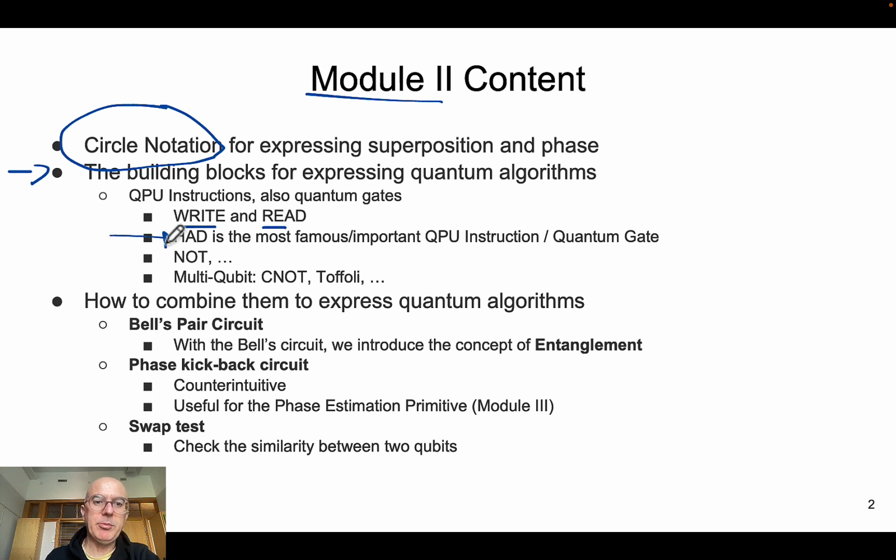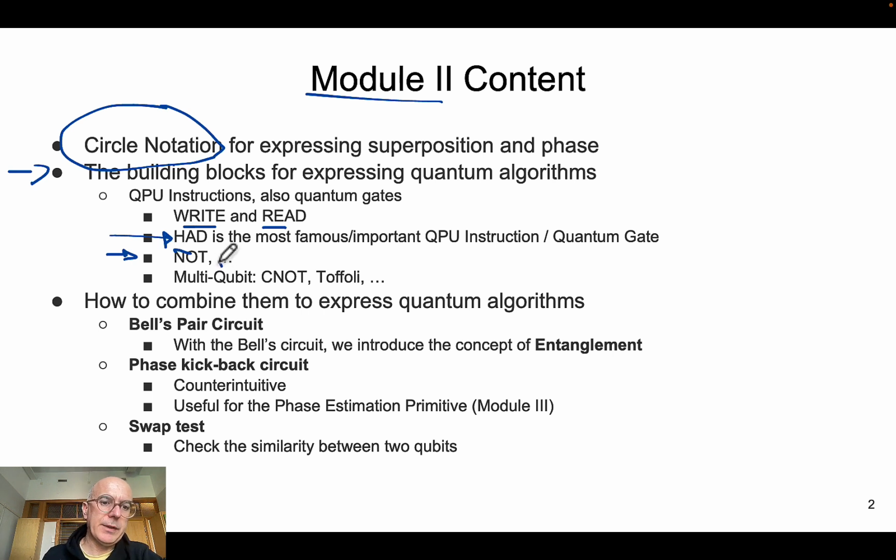We will spend some time discussing the so-called Hadamard gate, that is by far the most famous and important QPU instruction in quantum computing, because it's our gate to create a superposition of the state, so to reach this quantumness of our code. And then we are also going to look at some quite familiar gate operations like a NOT and, for instance, gates operating on the phase of the quantum bit.